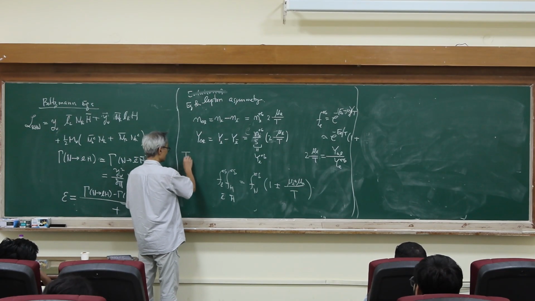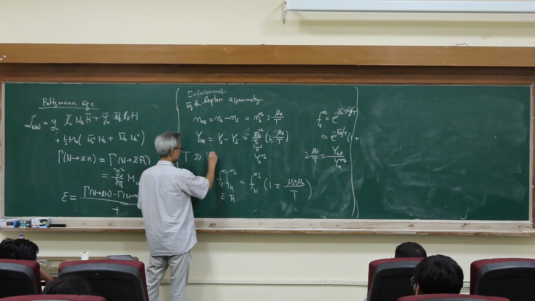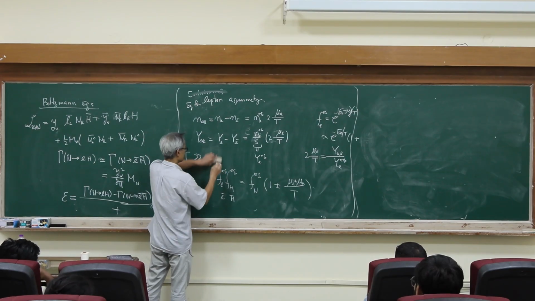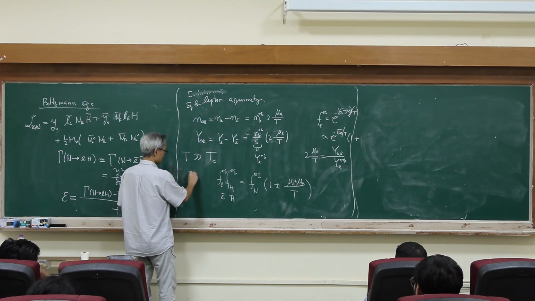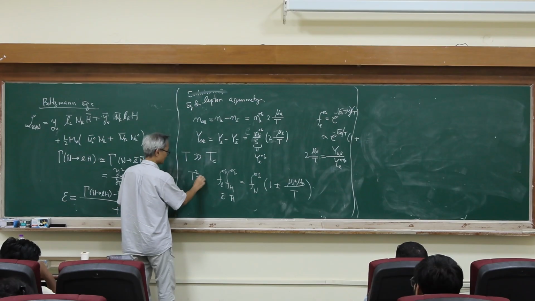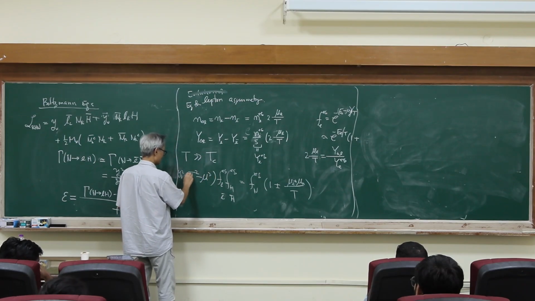Okay, so we are considering dynamics above the electroweak scale, the unbroken phase, and then the T squared temperature. For the Higgs, we have y_t squared or alpha.